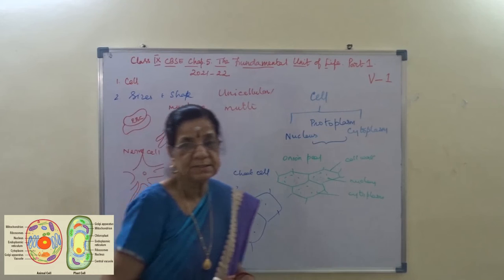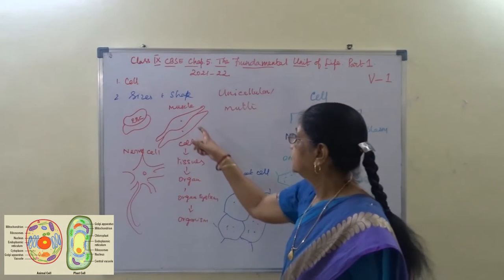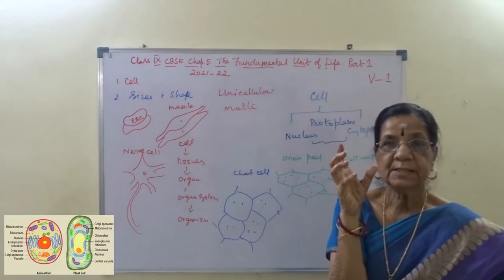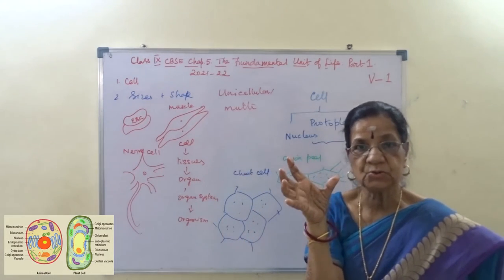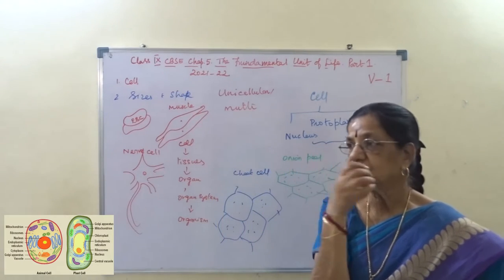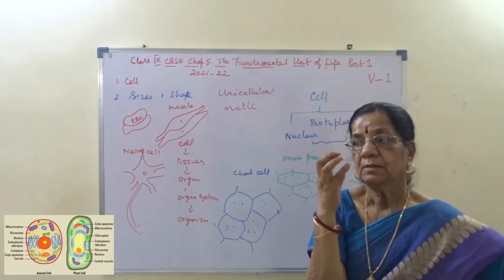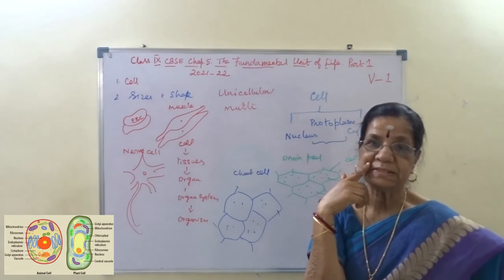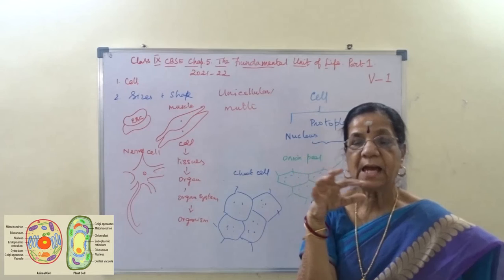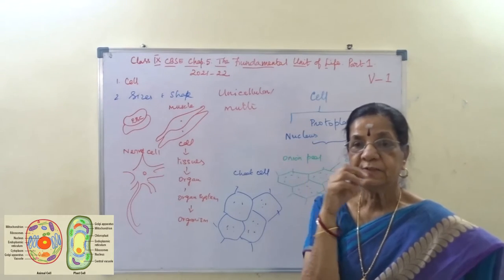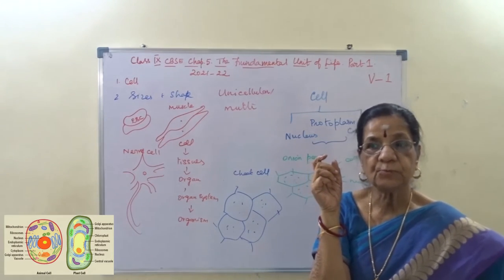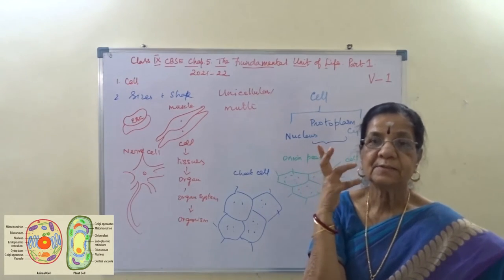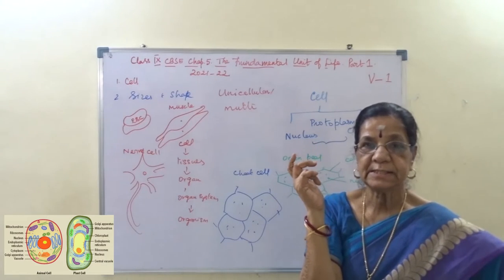What does it mean? Say for example, when we take muscle cells, a group of muscle cells forms muscular tissues, and those muscular tissues are voluntary muscles and involuntary muscles. Depending upon the action they perform, wherever there is movement of muscle and bone in the skeletal system, voluntary muscles take part.